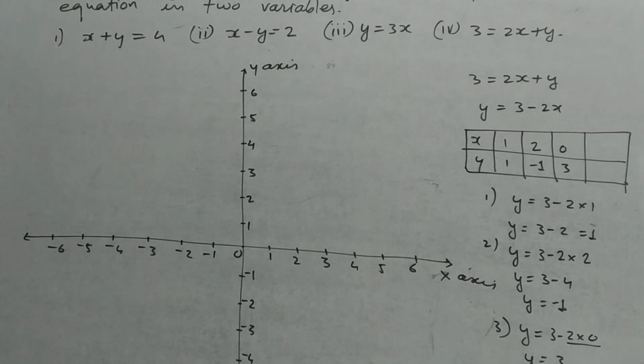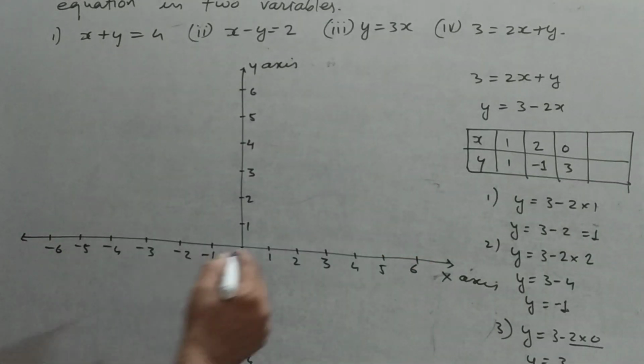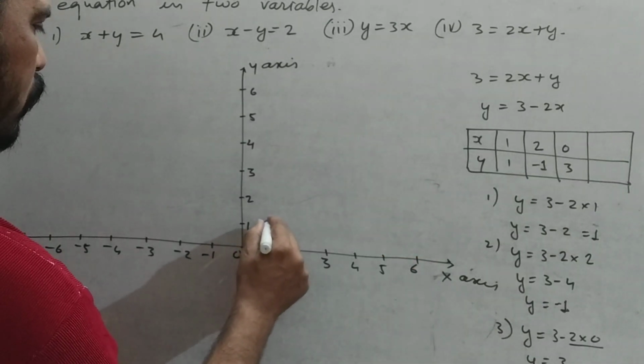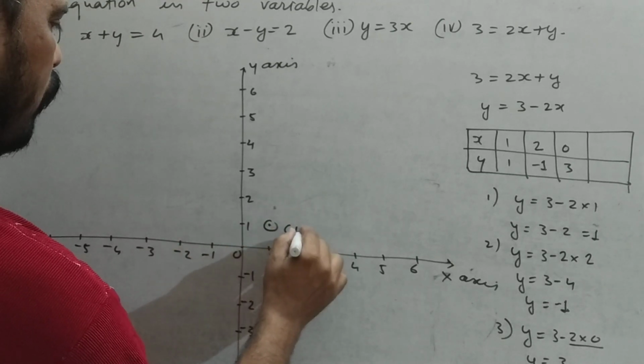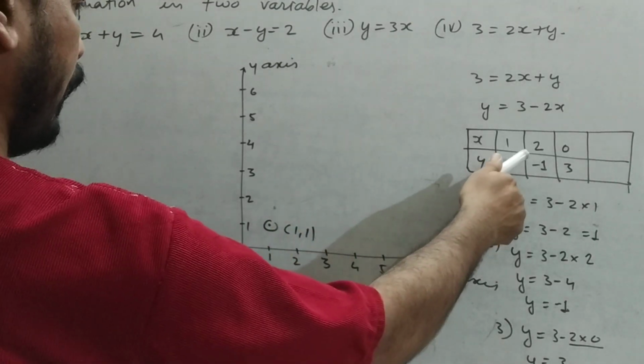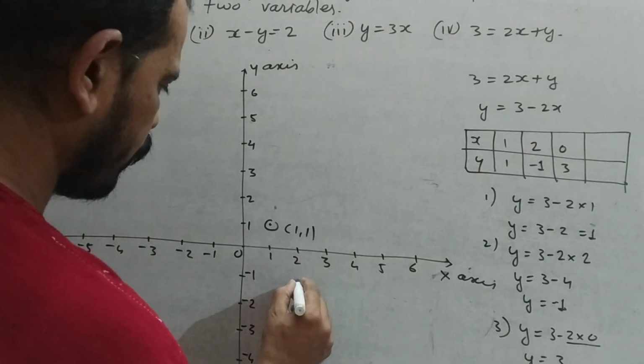Now this we have to plot. x = 1, y = 1: this is the point (1, 1). Second, x = 2, y = -1 is here.